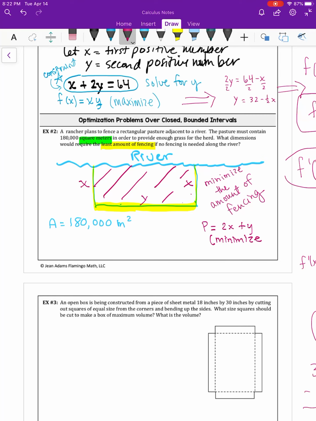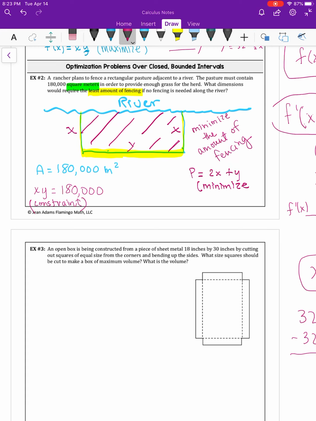How would I use my 180,000 square meters? How would I find the area of this? I hope in your mind you're saying x times y. So your constraint is that x times y has to be 180,000.